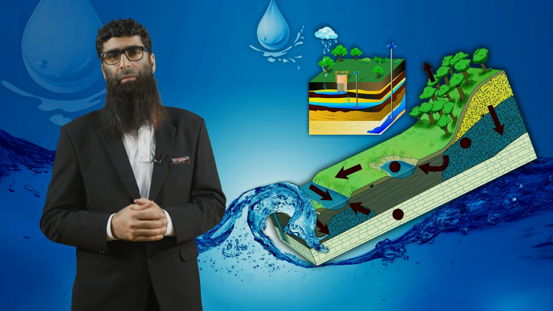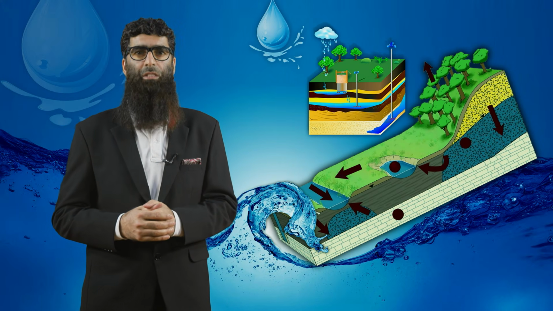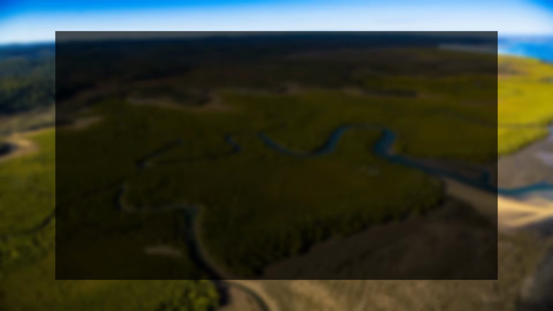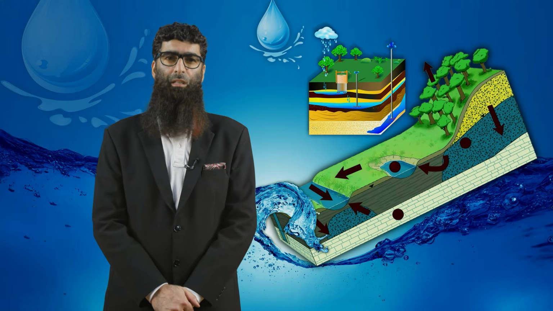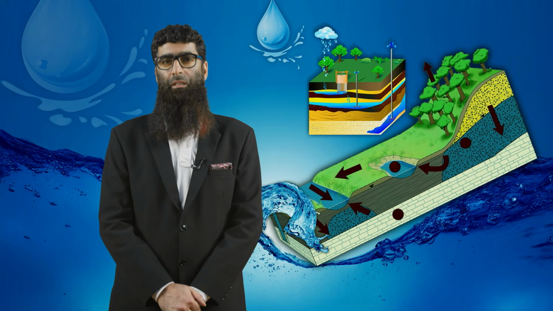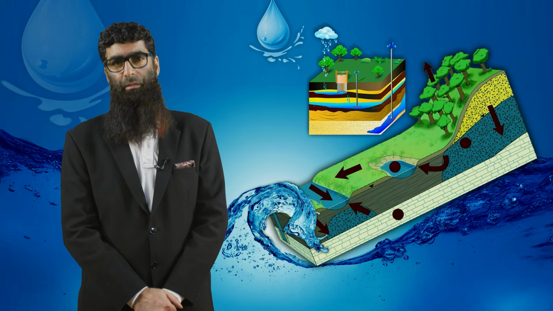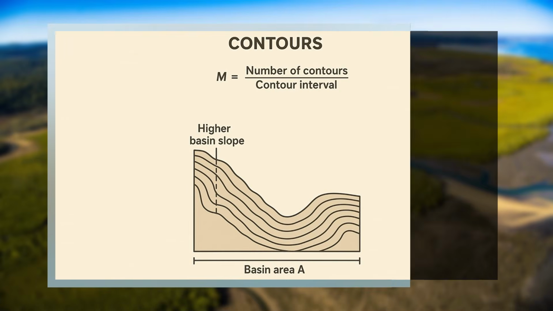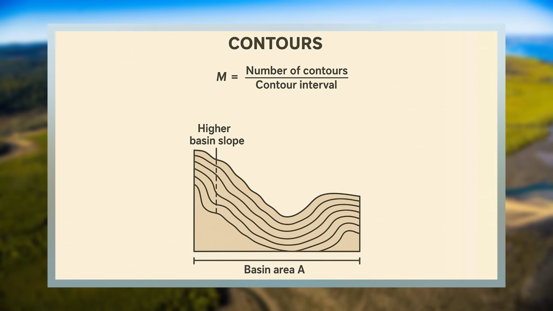Slope is commonly measured as a basin slope, which is expressed as SB is equal to m into n divided by a into 100. The m is the total length of all contours within a drainage basin, n represents the contour interval, and a is the basin area. The total contour length reflects the overall relief variation of the watershed, while the contour interval shows the vertical spacing between successive contours.